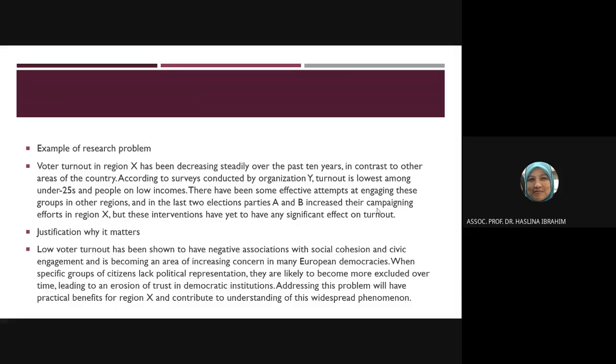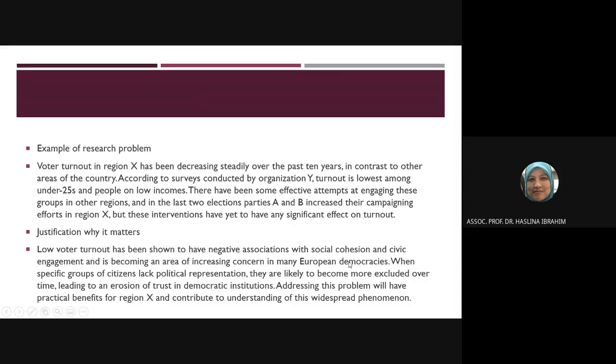Low voter turnout has been shown to have a negative association with social cohesion and civic engagement, and is becoming an area of increasing concern in many European democracies.